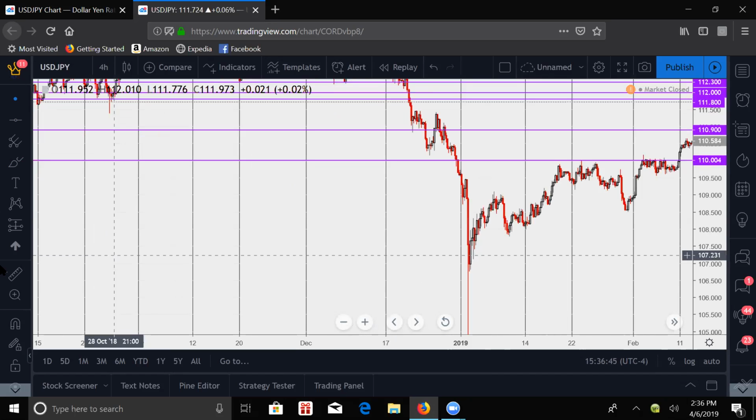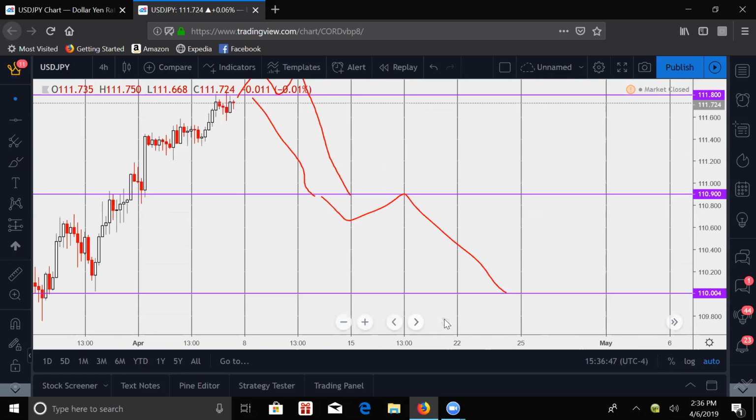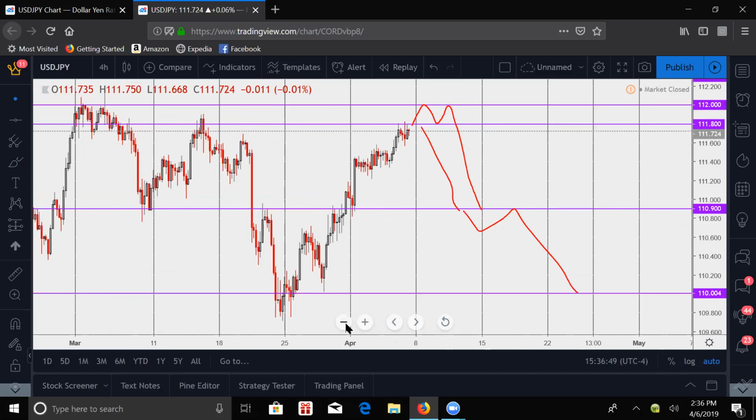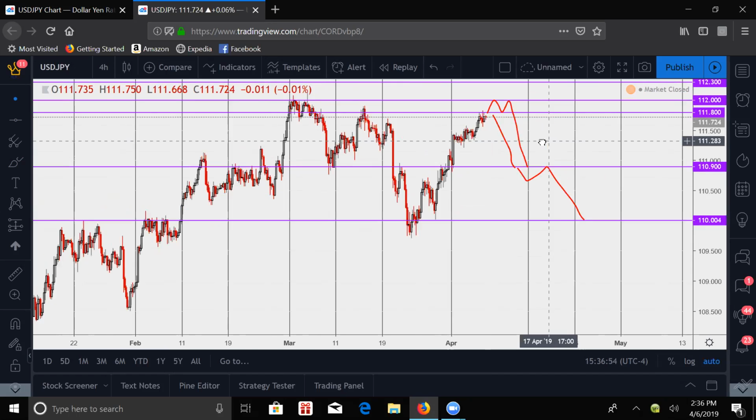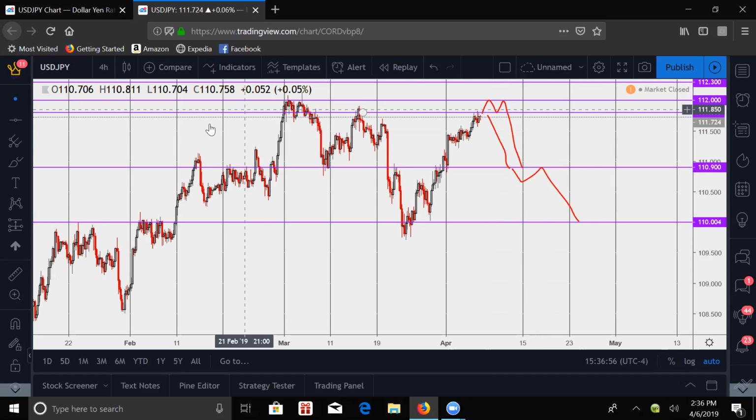Yeah, that's a good area of another resistance. If it breaks 112, it could come up here and then be rejected. But I have hopes of this holding up pretty well.